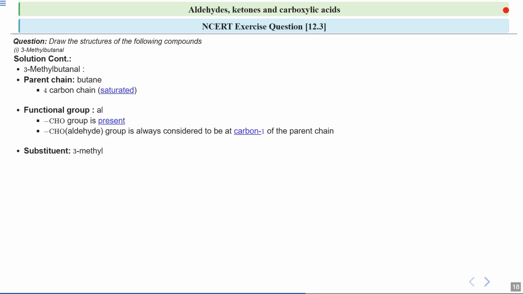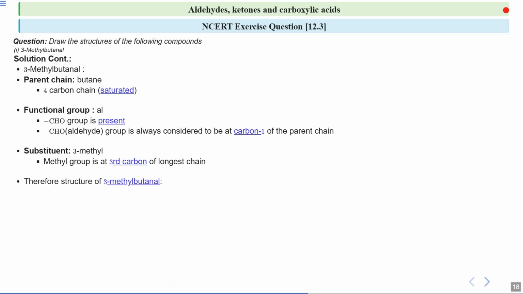Next, you have to write any substituents that are present. Here we are seeing 3-methyl. That means a methyl group is at the third carbon of the main carbon chain, or the parent chain. So a methyl group is attached to the third carbon of the 4-carbon chain.